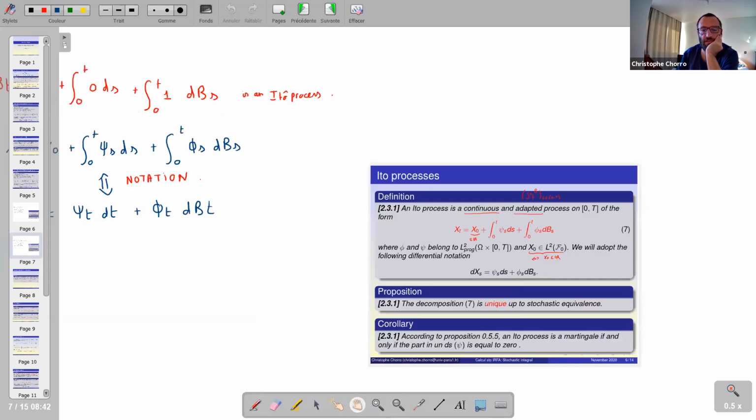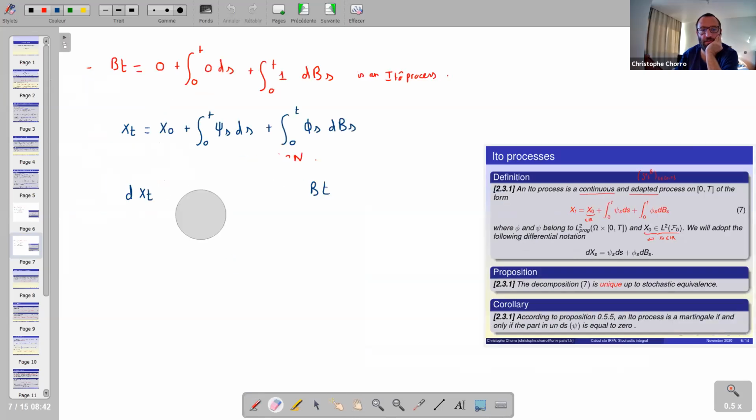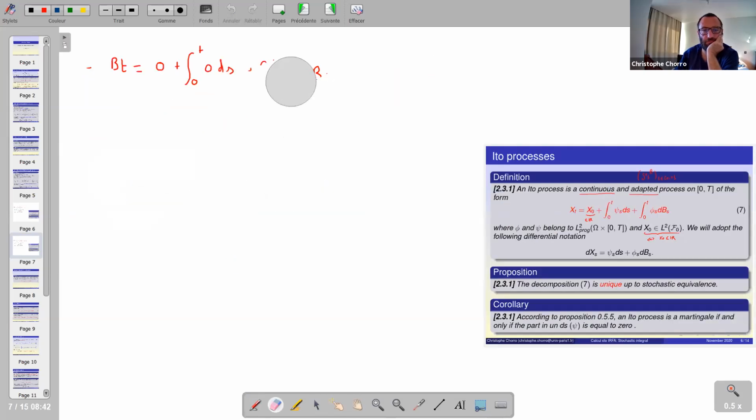So I have things this way here. What is the meaning of this proposition? So I do the proof of proposition 2.3.1. I want to prove the uniqueness of this decomposition.